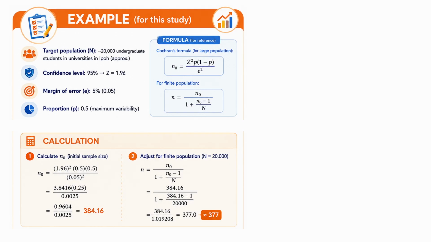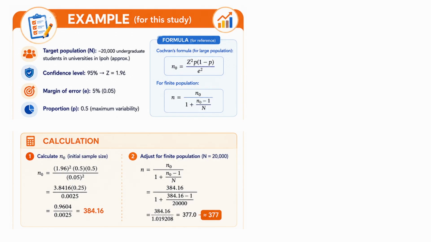Calculation: you can put the values here. 1.96 multiplied by 1.96 multiplied by 0.5 multiplied by 1 minus 0.5, that is also 0.5, divided by the margin of error 0.05 squared. That is 5%, and we calculated the sample size as 384.